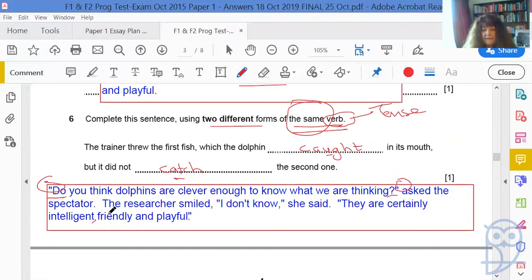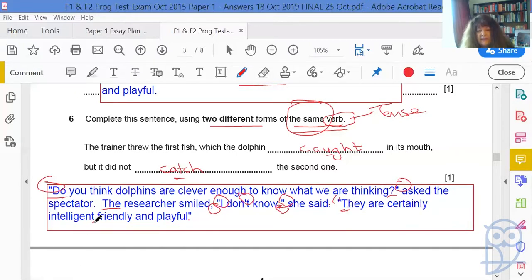Again, if it's a new sentence, capital letter, comma before you start, open inverted commas. Make sure you use the apostrophe if it's needed, comma to close it, close inverted commas. She said, full stop, capital letter, open inverted commas.